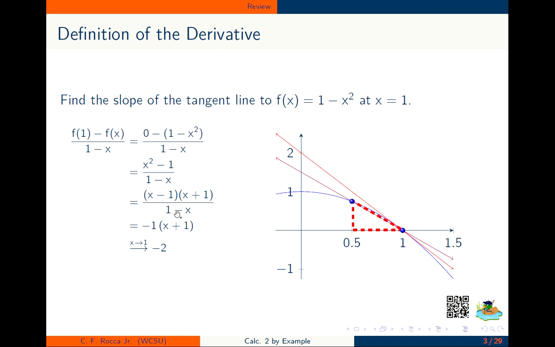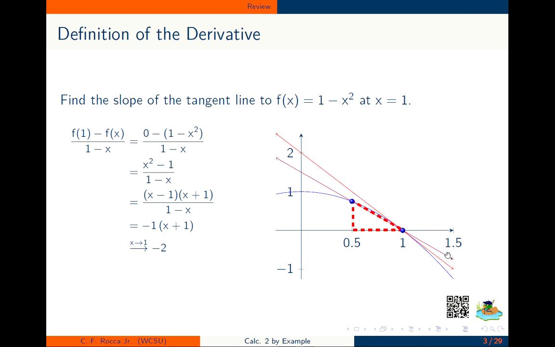But x minus 1 over 1 minus x is -1 as long as x doesn't actually equal 1. Then if I take the limit of what I have left as x approaches 1, I get -2, and that will be the slope of my tangent line.